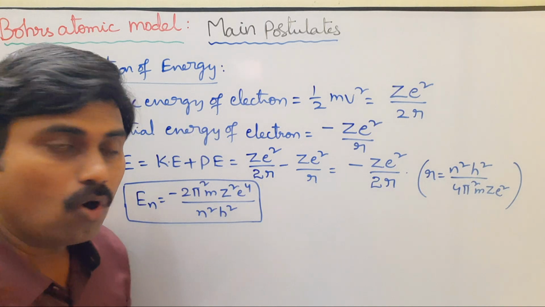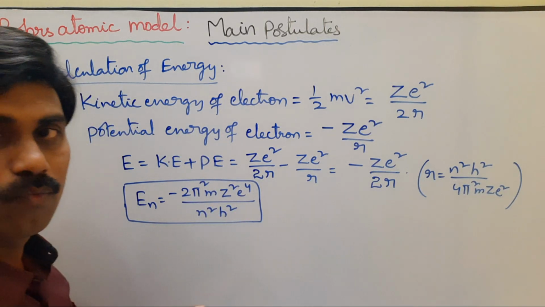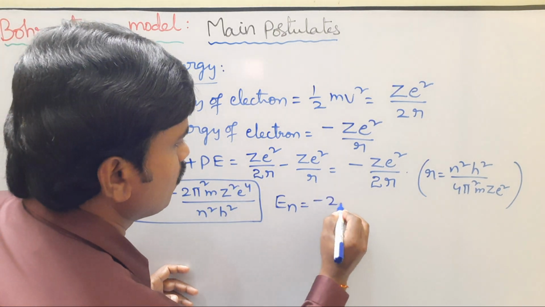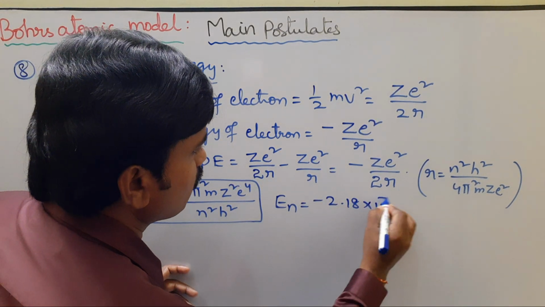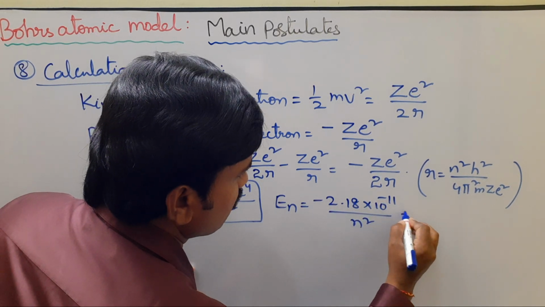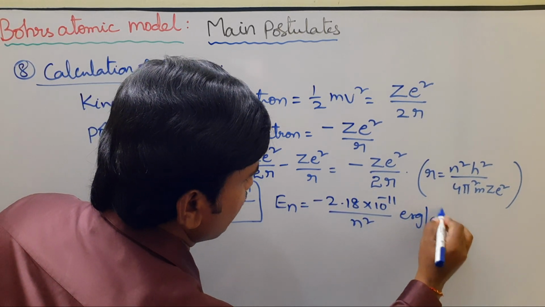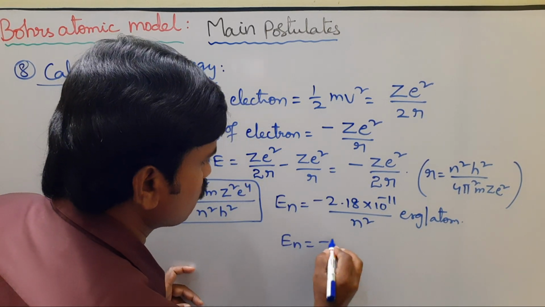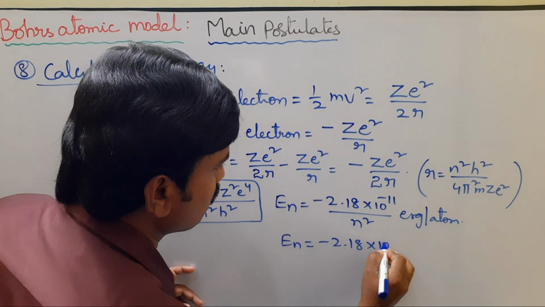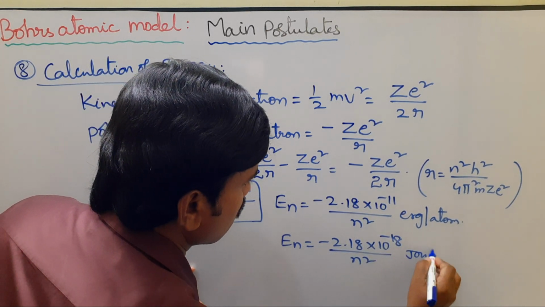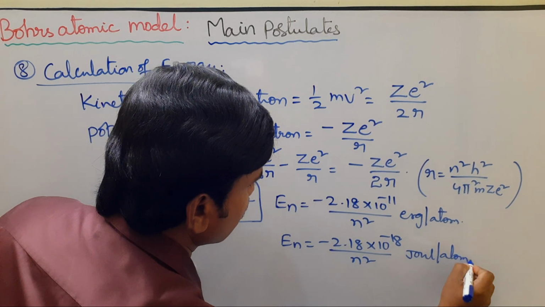If we substitute all these constant values, we will get, for hydrogen atoms, En is equal to minus 2.18 into 10 power minus 11 by n square erg per atom, or En is equal to minus 2.18 into 10 power minus 18 by n square joule per atom.